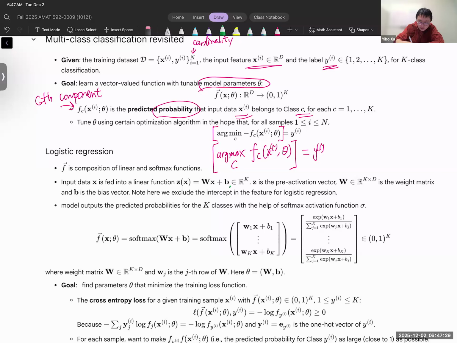This is just saying I'm looking for the class according to the prediction, where the largest probability value is going to associate to that particular class. But once that class is found, I want to match it with the true class yi. If not matching, then I'm going to penalize.